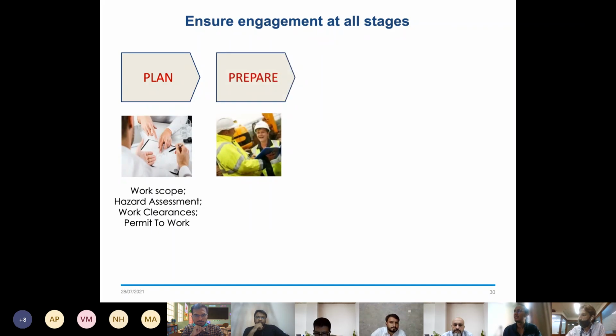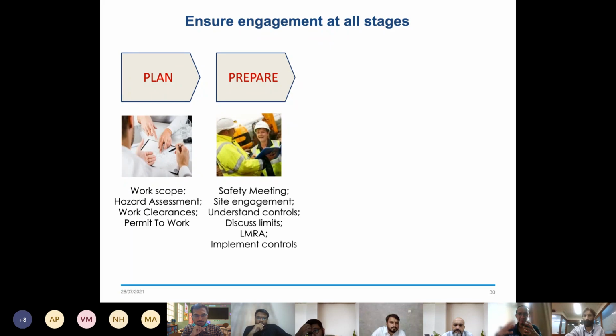Then at the prepare stage, we talk about the safety meeting, site engagement, understanding the controls, discussing the limitations, and also the last minute risk assessment and how we apply or implement the controls.